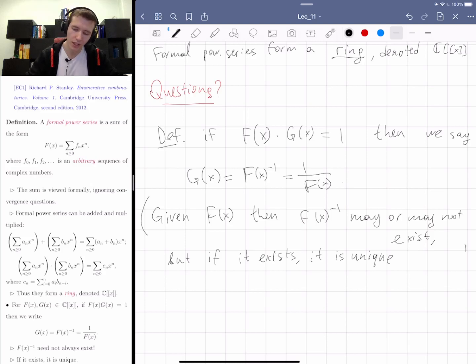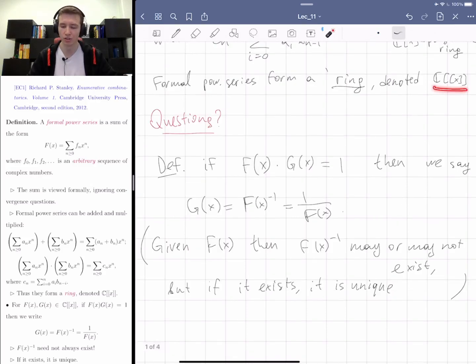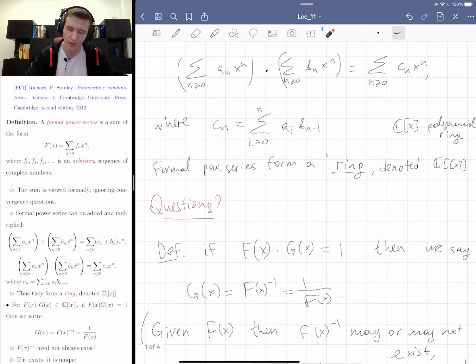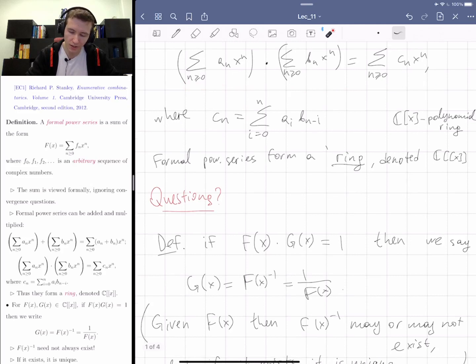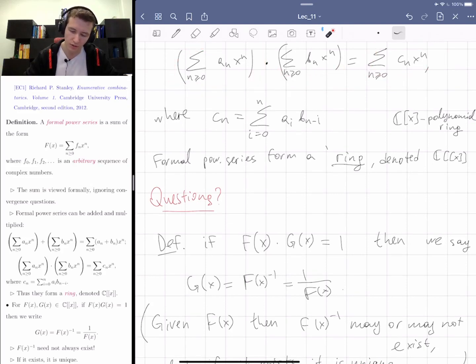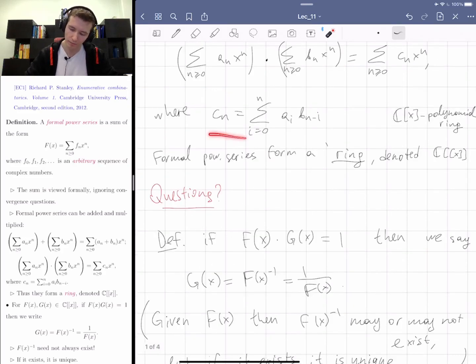I guess I have to prove it, but it's an exercise. It's very easy to see just from the definition of multiplication. If you know the a's and you know the result, then you can recover the b's uniquely, just because of the system of equations you get.